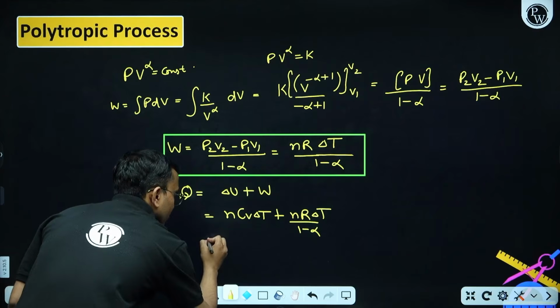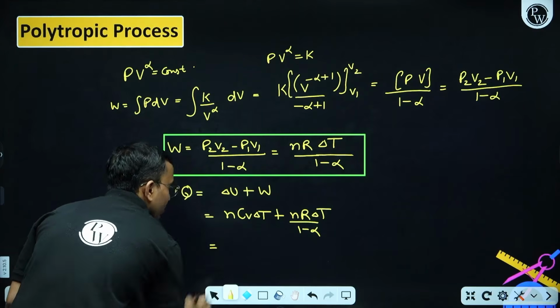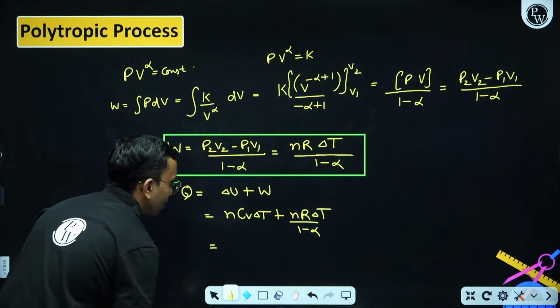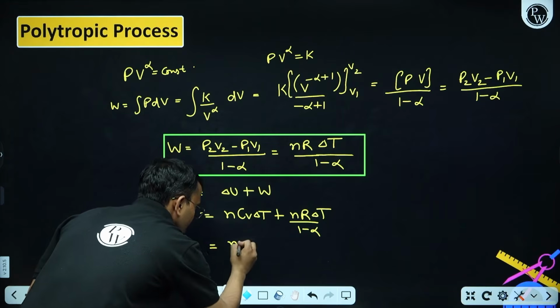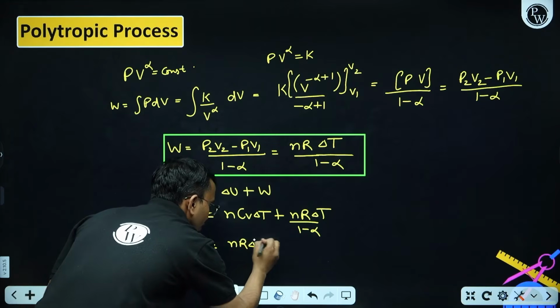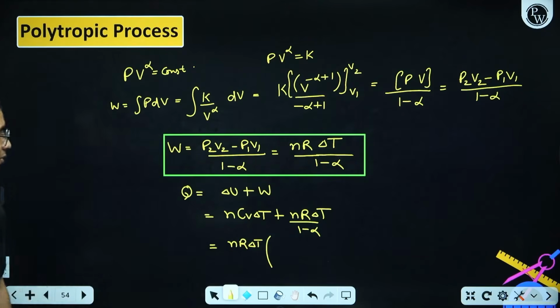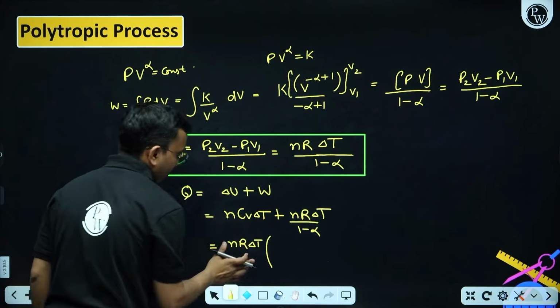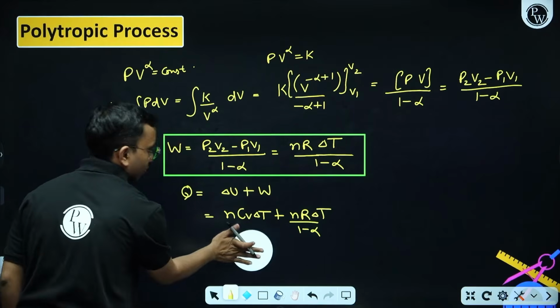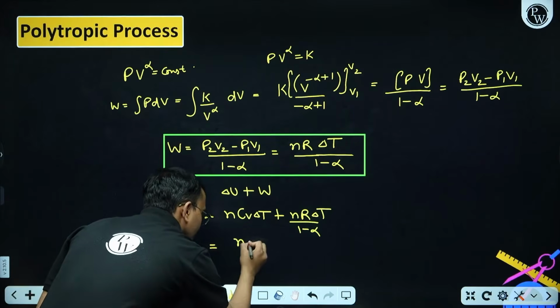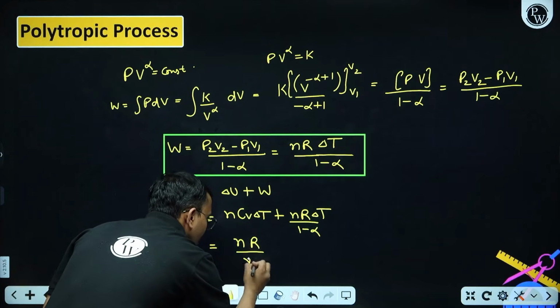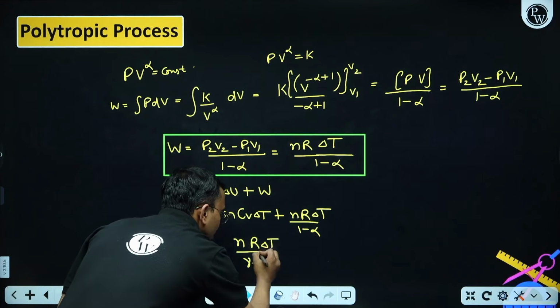So this becomes nR delta T, or anyways, let me write it fully. So this will become nR by gamma minus 1 delta T.